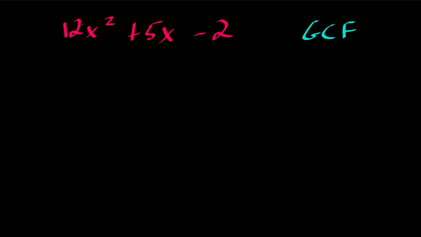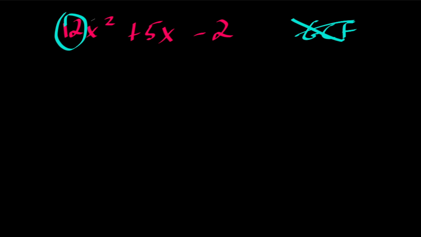Because we know this number 12 is in front of x squared, which is almost a tip-off, hey, I can't do the product sum method straight away, but I could try to factor out a GCF. So x squared, x, no x means I can't factor out an x. Is there a number other than 1 that divides 2, 5, and 12? No. So I'm stuck with 12 in front of x squared.